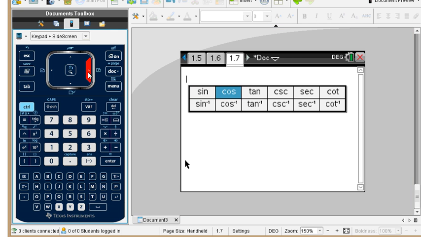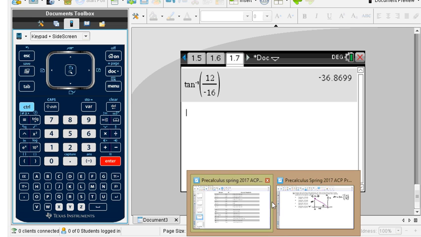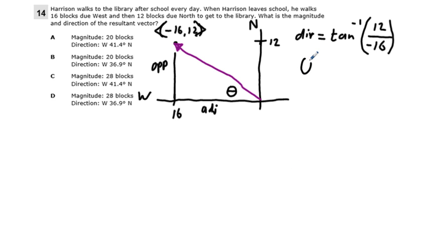If we put this in our calculator, we get inverse tangent of 12 over negative 16, and we are in degrees, so we get negative 36.9, rounded to the nearest tenth.